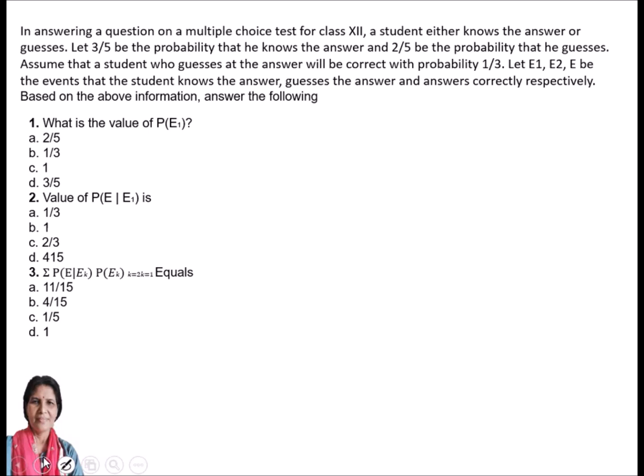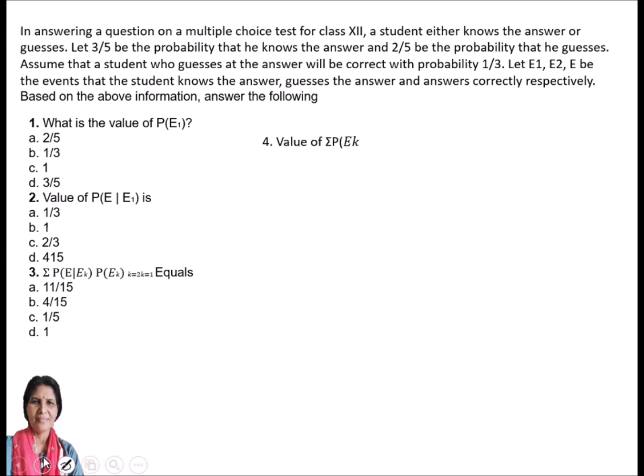This is 4 upon 15. Now the summation of P(E given Ek) multiplied by P(Ek) equals to 11 upon 15, 4 upon 15, 1 by 5, 1.